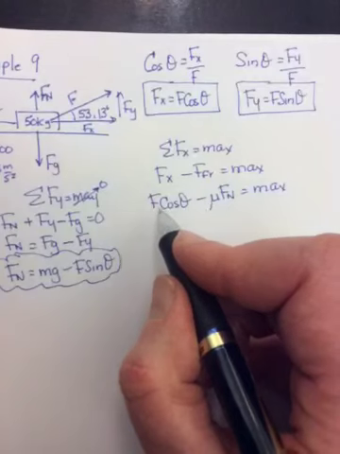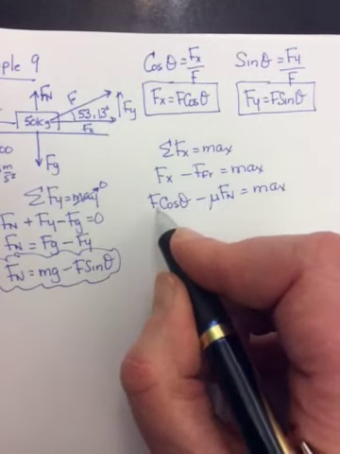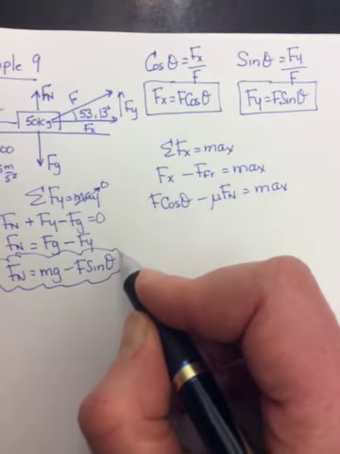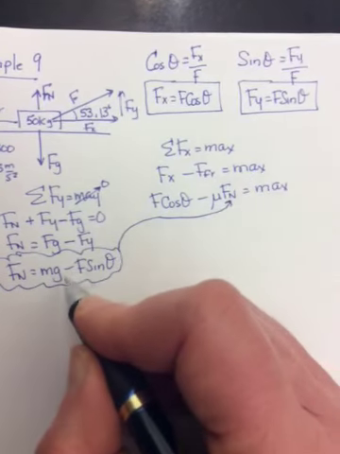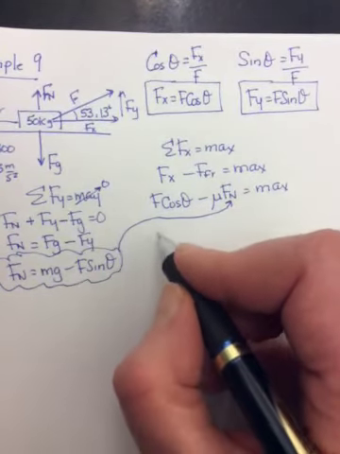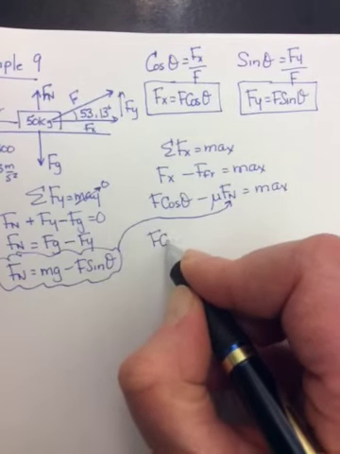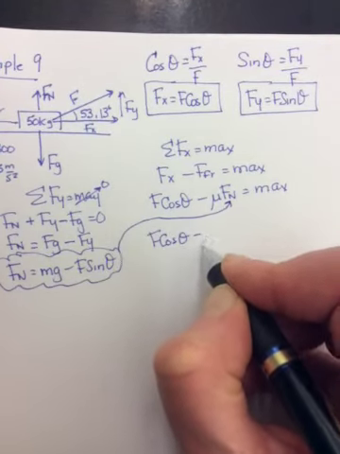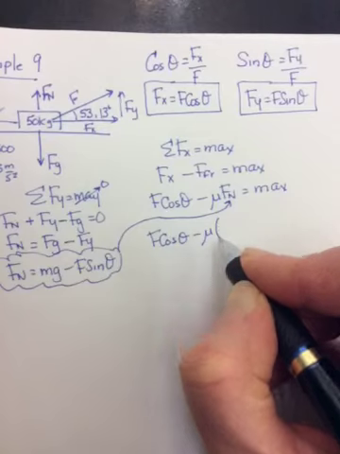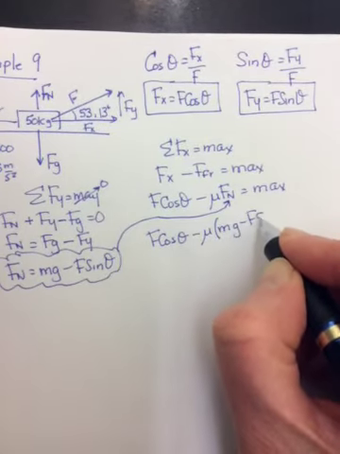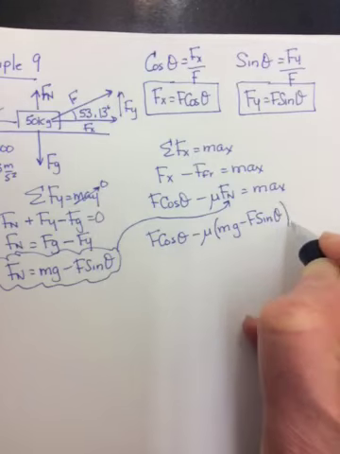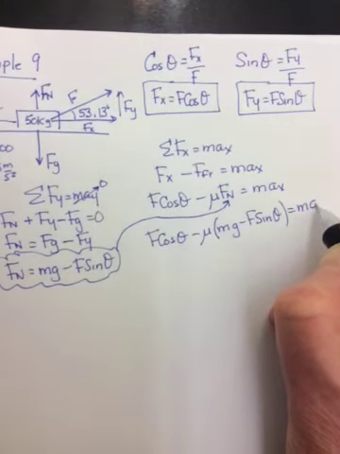Now we're looking for the F, but there's an F here, but there's also one inside the normal force. So where Fn is, we need to sub in what we found Fn to be. So F cos theta stays here, minus mu, and then brackets mg minus F sine theta is equal to max.